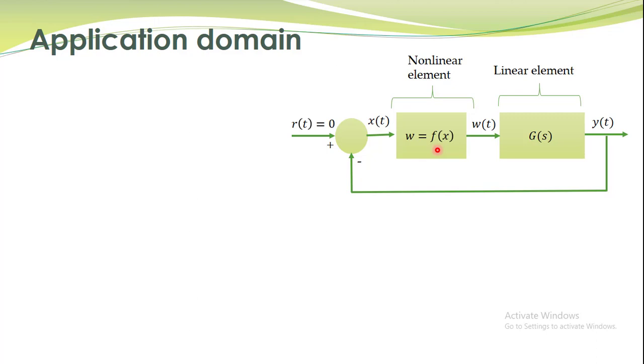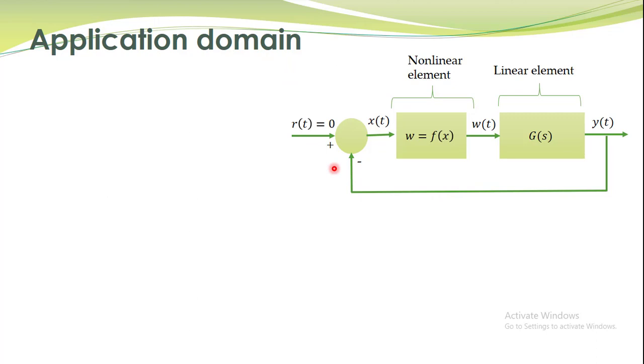Furthermore, for the prediction of the existence of a limit cycle, we take the input to be equal to 0, because if there exists a limit cycle for input equal to 0, then that will also exist for non-zero inputs as well.